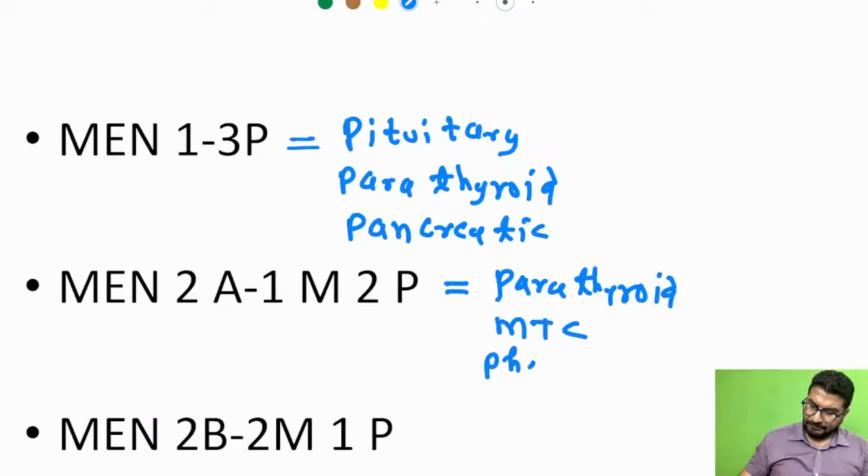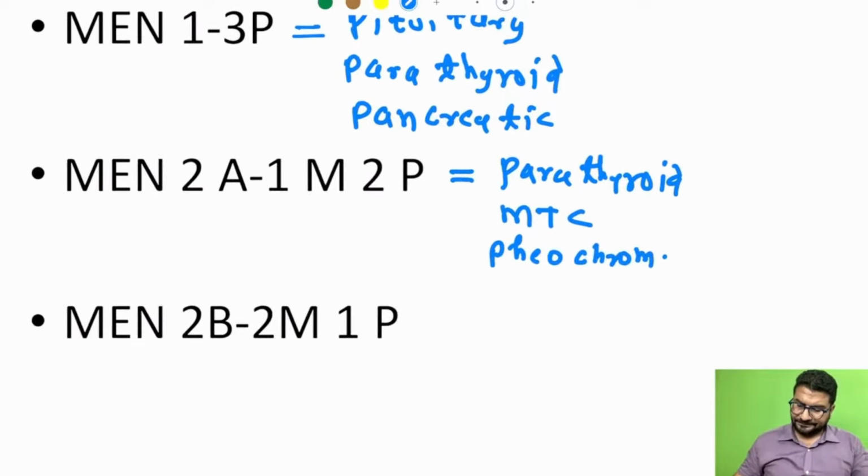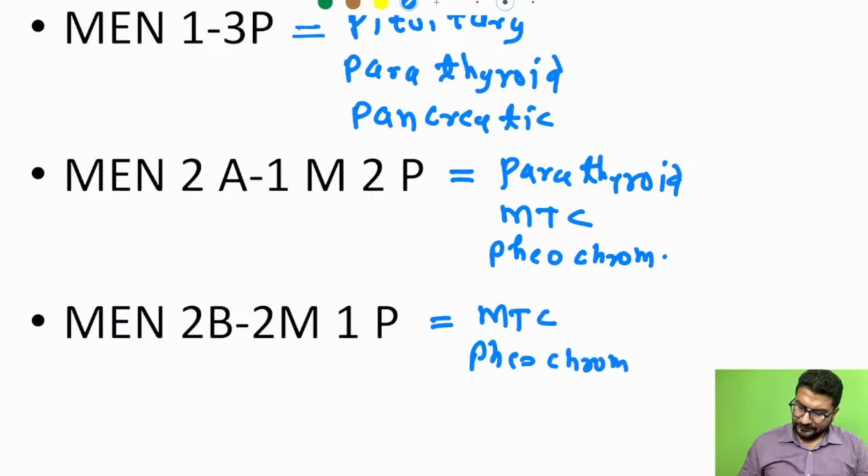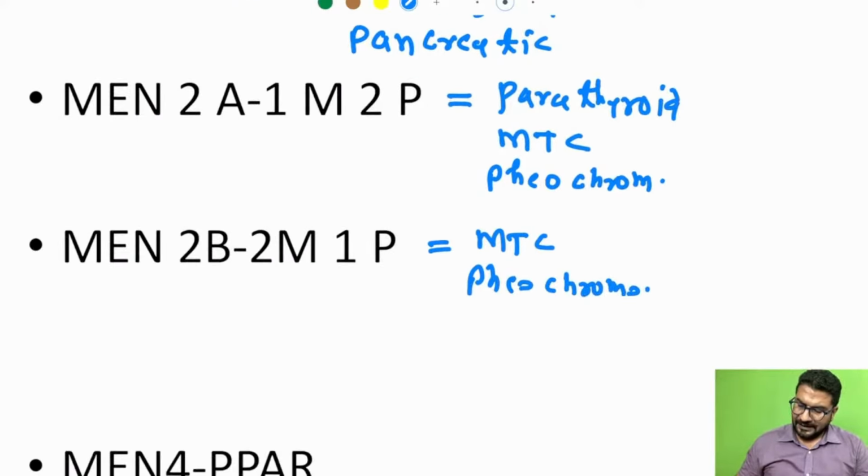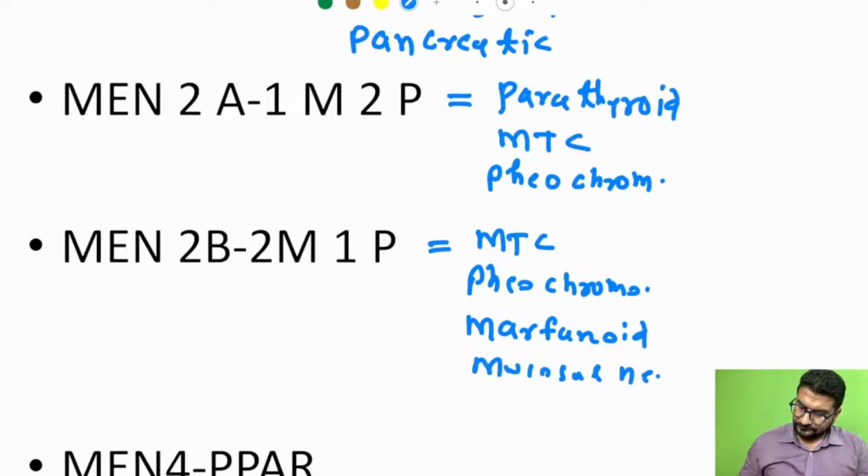In men 2A there will be parathyroid, MTC, medullary thyroid carcinoma and pheochromocytoma. In men 2B, MTC, pheochromocytoma and there will be like Marfan syndrome like feature, Marfanoid habitus, mucosal neuroma and patient will have megacolon.